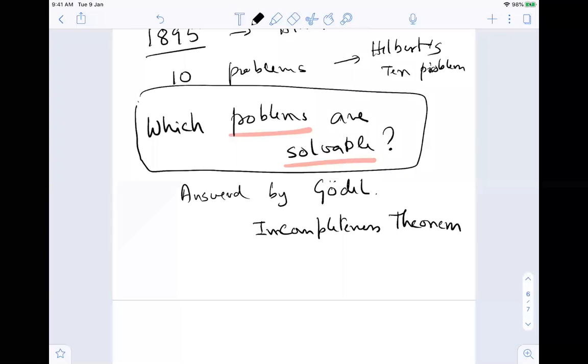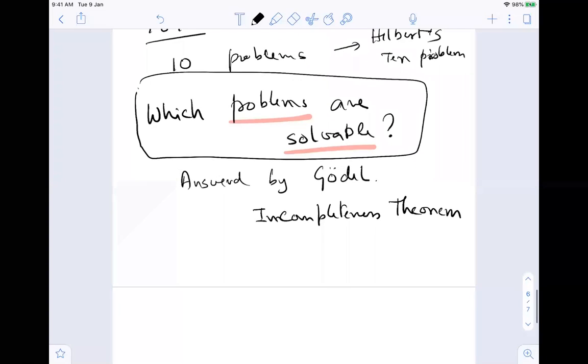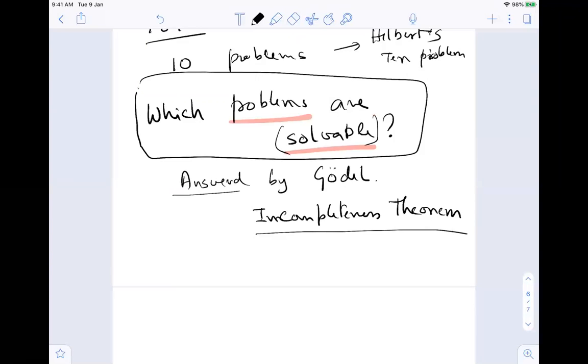So this was a massively big, beautiful thing. But note that he proved it without actually defining solvable. He proved it through the axiomatic world, but he didn't say what a solvable problem is.